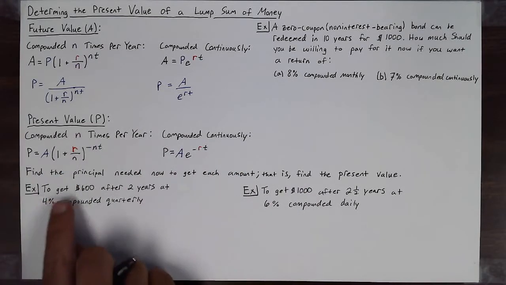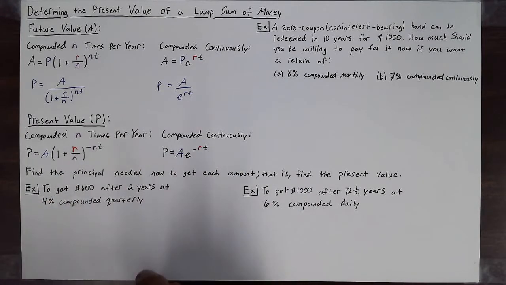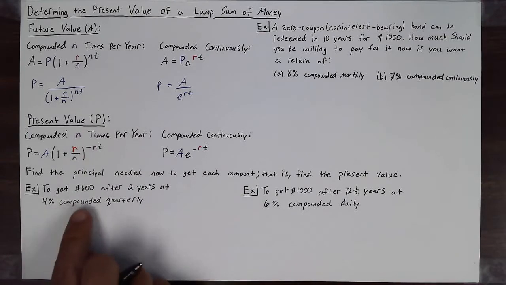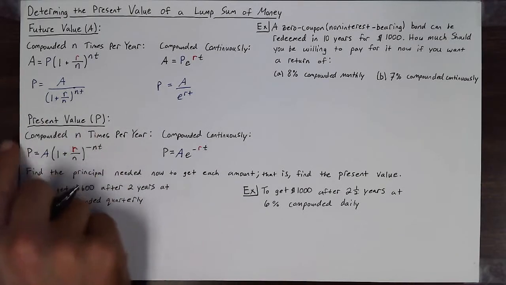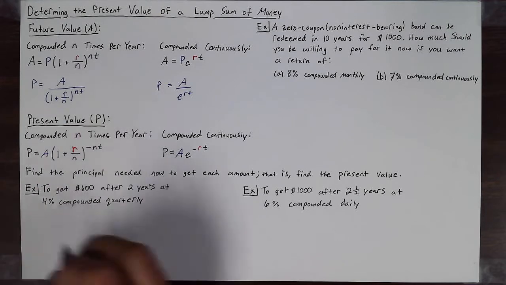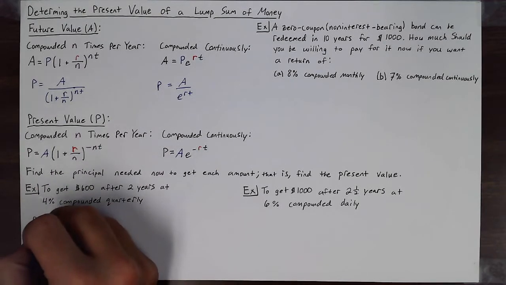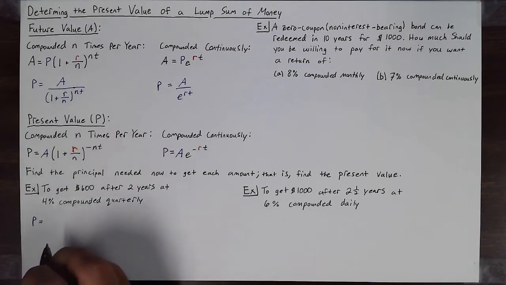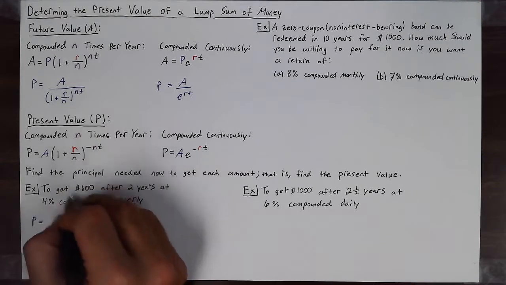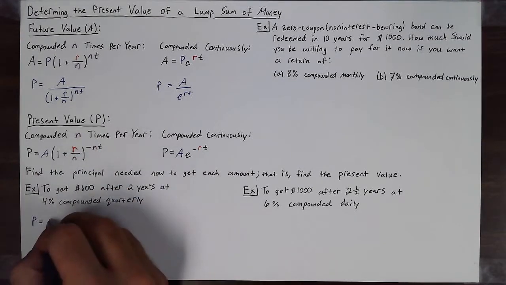So if I want to get $600 after 2 years at 4% compounded quarterly, I'm going to use this left formula. The present value I do not know, but the future value I want is $600.